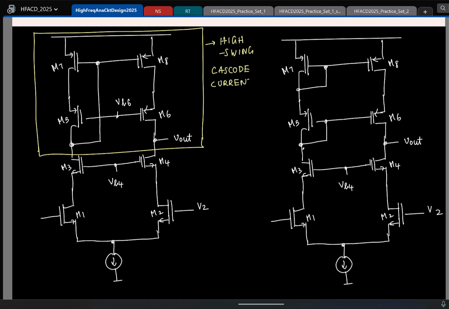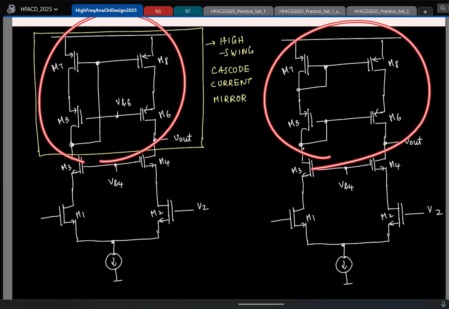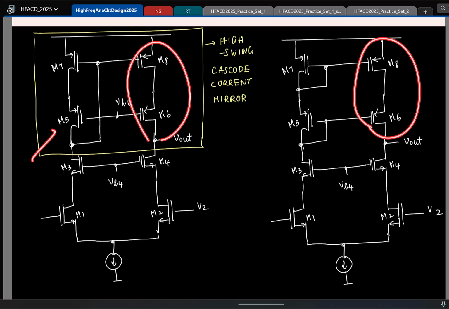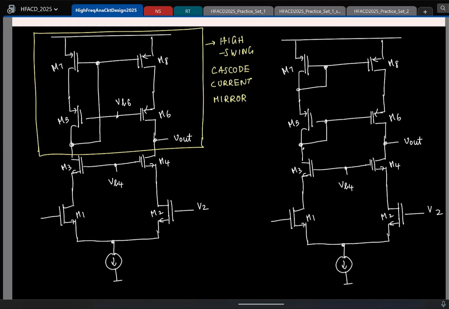Because at the heart of it, both of them are current mirrors, right? And you are having cascode current sources, and the cascode current sources are getting mirrored. But here, as we know, the output swing is higher, so obviously it's called this.